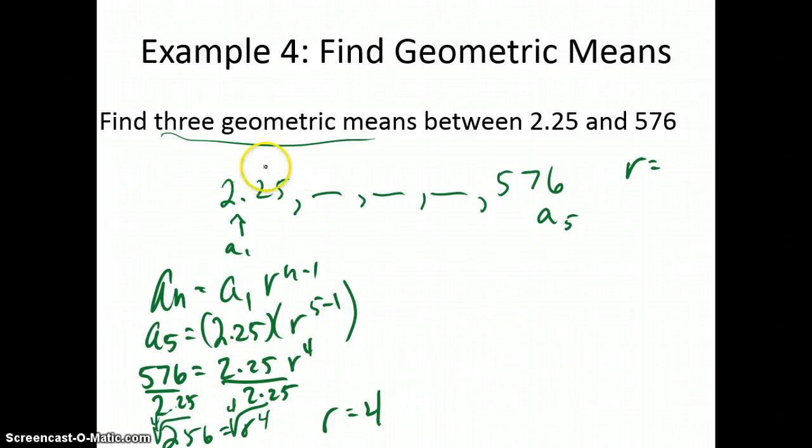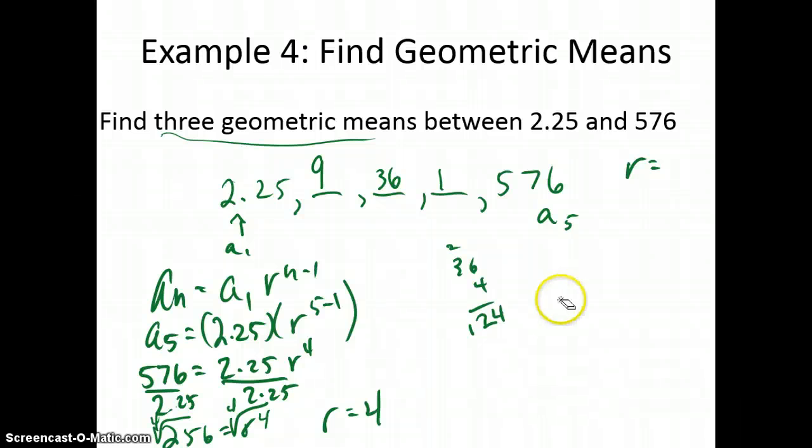Now that we know the common ratio, we take 2.25, we multiply that by 4, and we get 9. And then we take that number, we multiply it by 4, we get 36. We do 36 times 4, and we get 144.